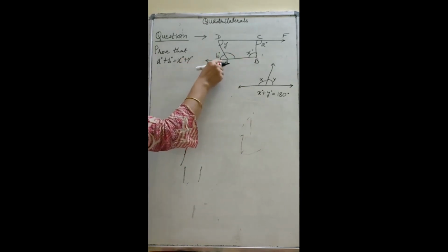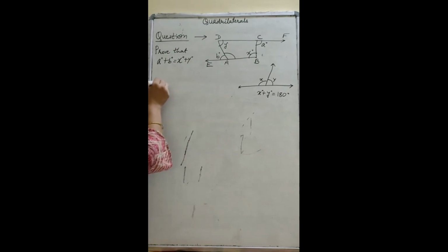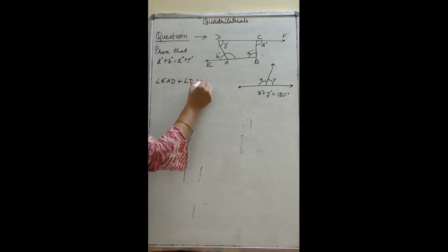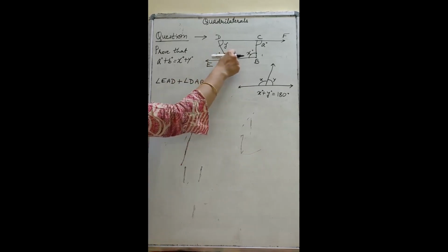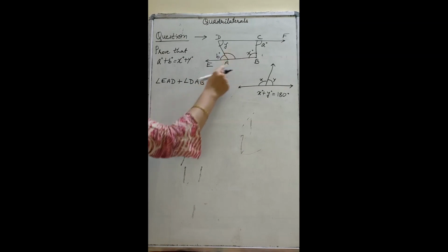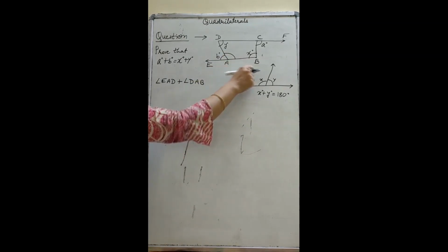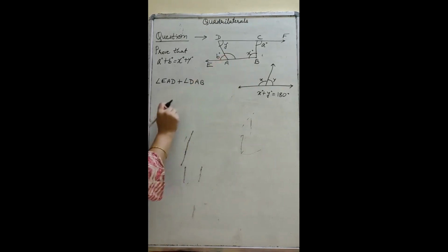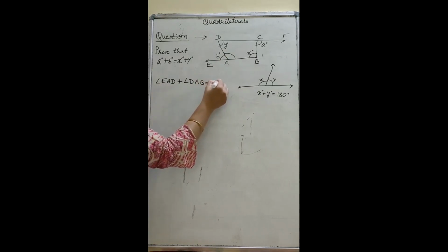This angle EAD plus angle DAB. These two angles are here on the same straight line with the common vertex A. So the sum of these two angles is equal to 180 degrees by the linear pair property.